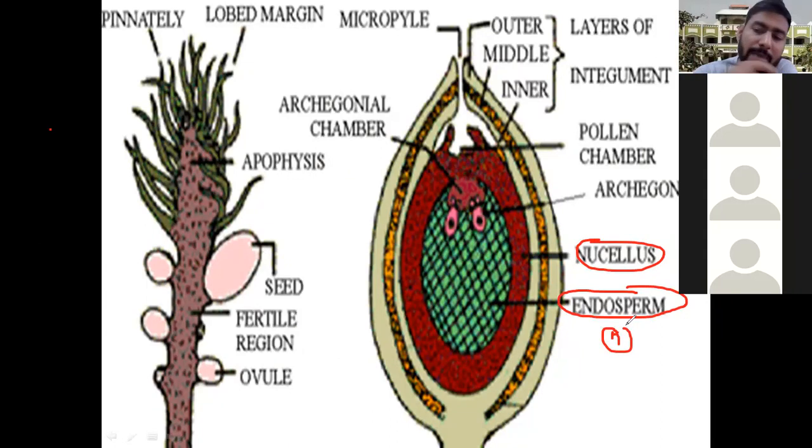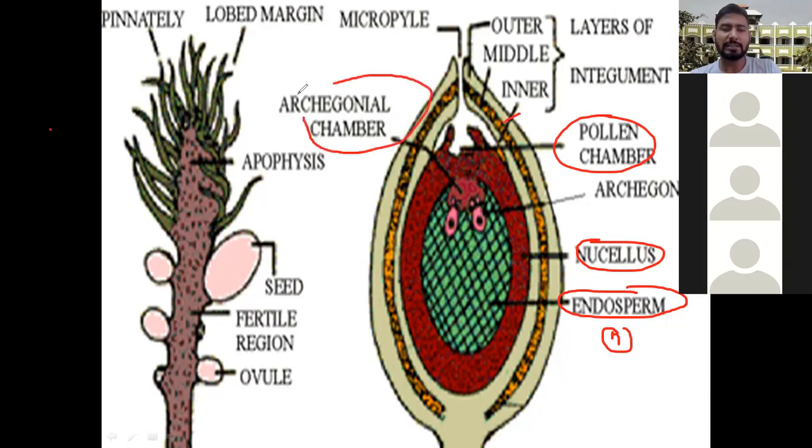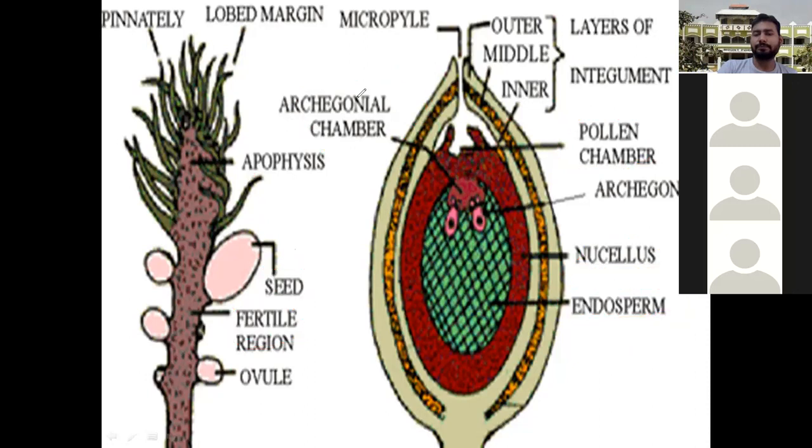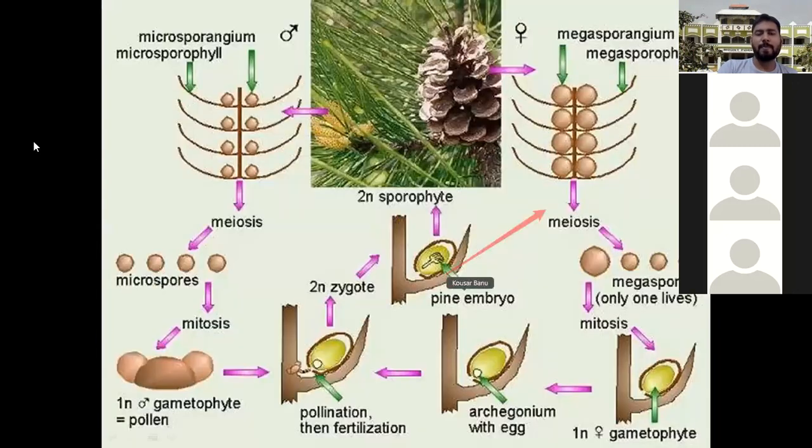Then the pollen chamber is where pollen grains come, and this is the integument, inner and outer. The archegonial chamber is where the archegonium forms. This is the structure of the seed, fertile region and ovule. So this is the structure of the gymnosperm female cone.